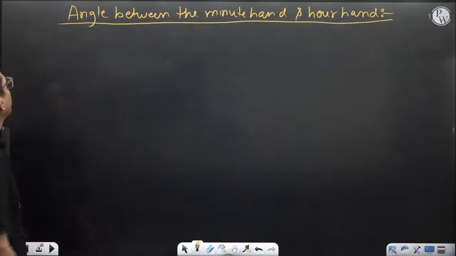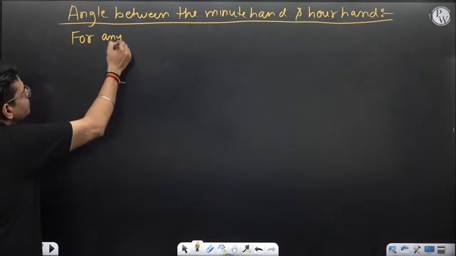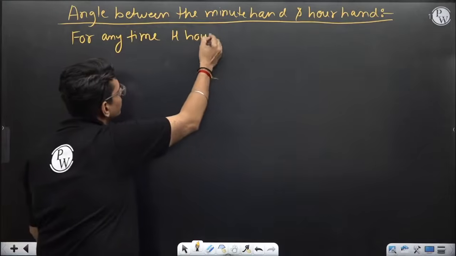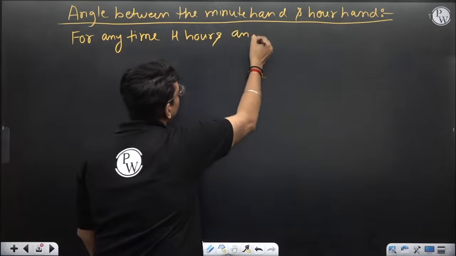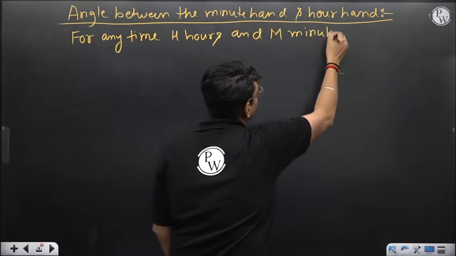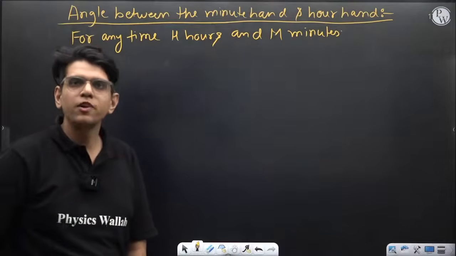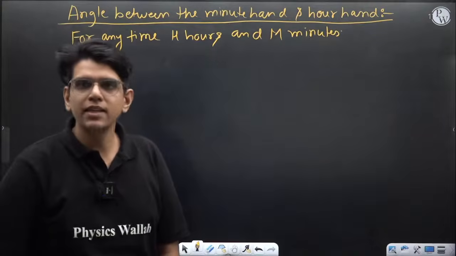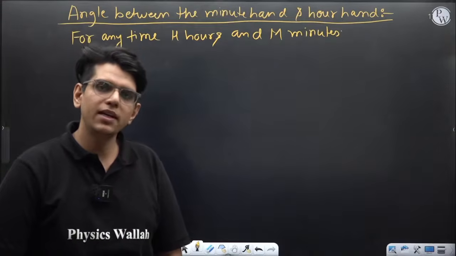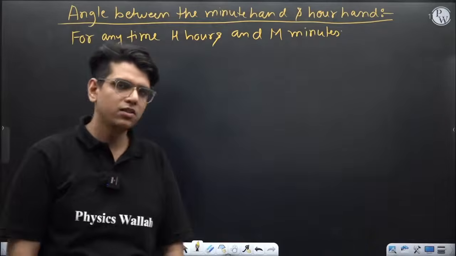Okay, for any time h hours and m minutes, what is the angle covered? We will first calculate the angle covered by the hour hand, and then the angle covered by the minute hand, and then we will take the difference to get the angle between the two hands.